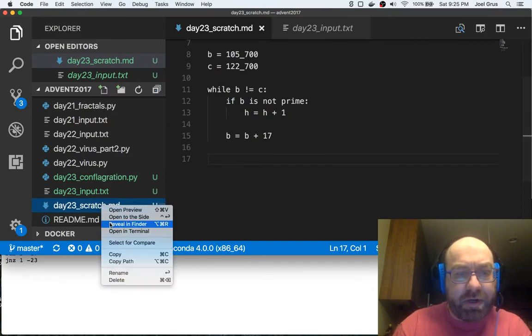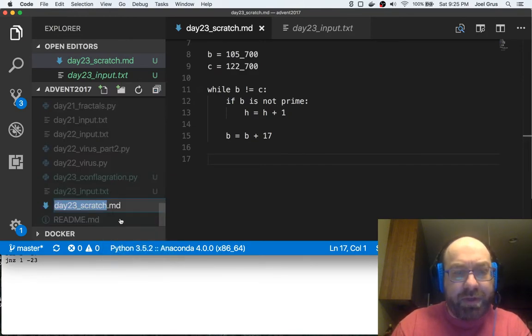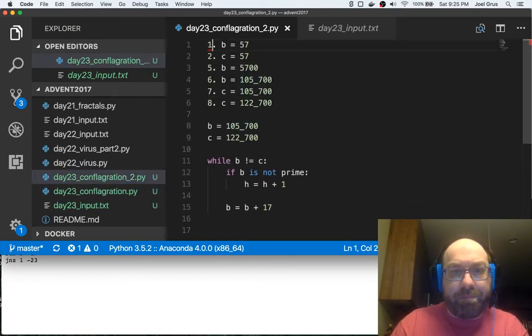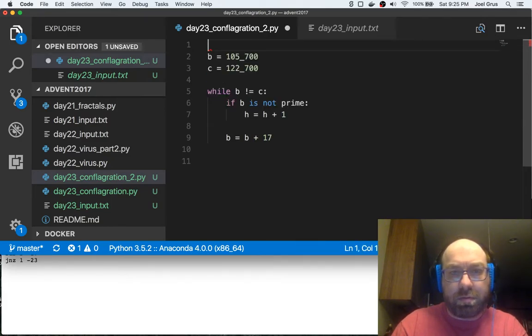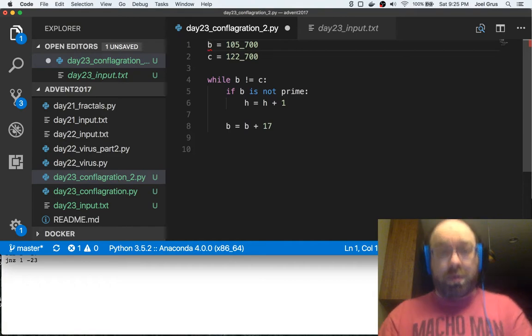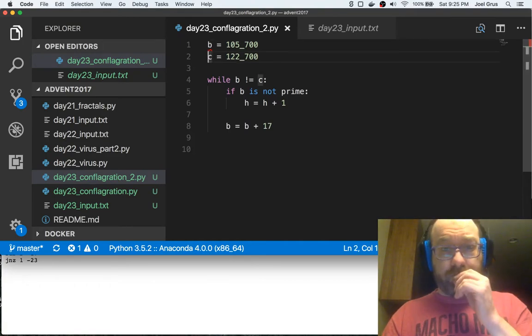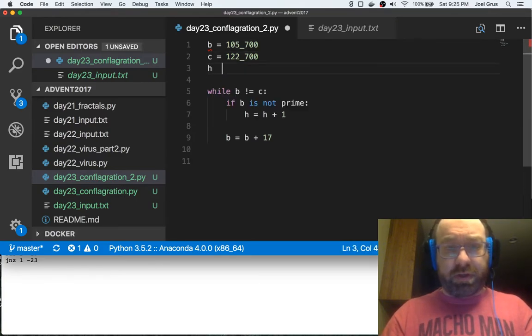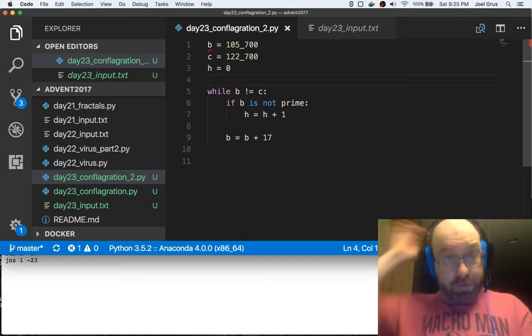So now, let me rename this day 23 conflagration 2.py. So we'll make this a Python file now. And I think H starts at 0.